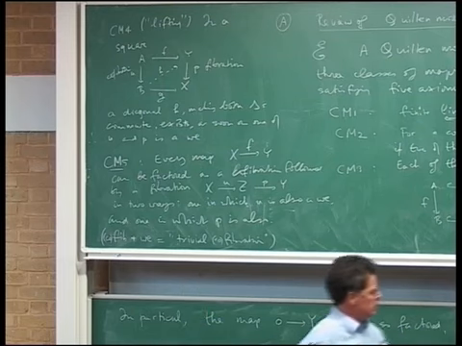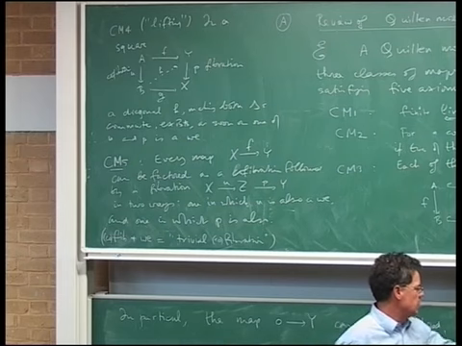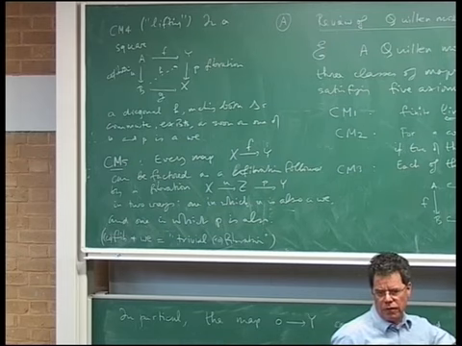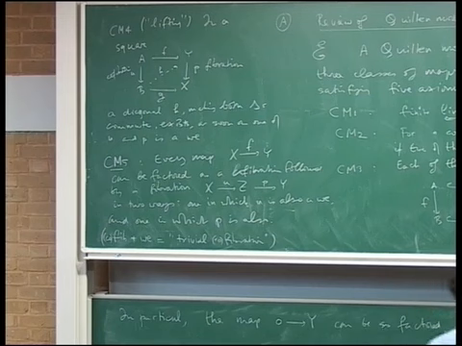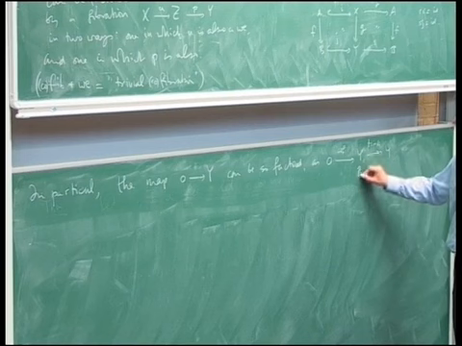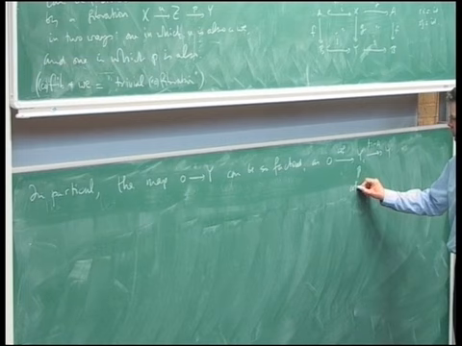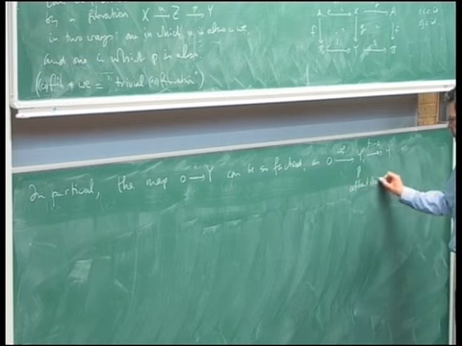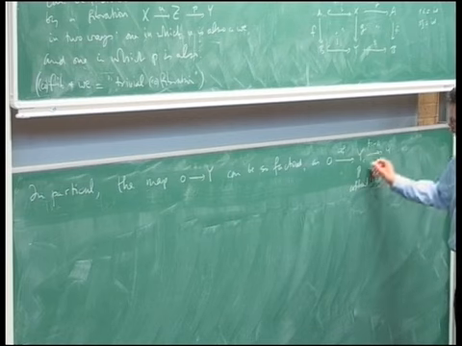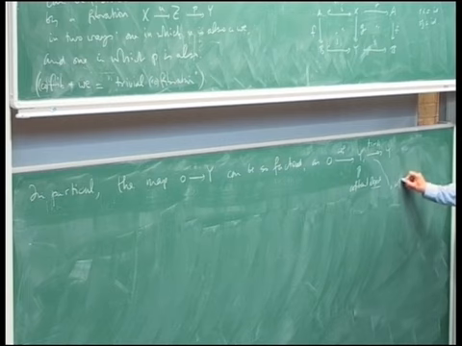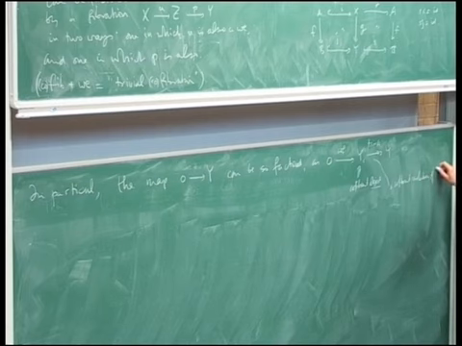An object with the property that the map from the initial object is a cofibration is called a cofibrant object. And this is called a cofibrant resolution of Y.